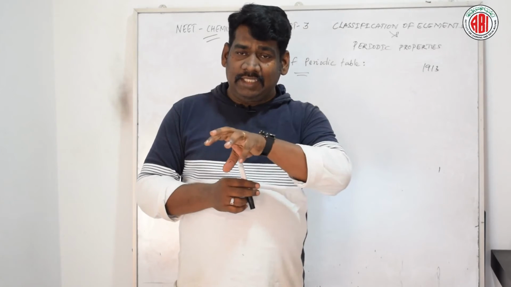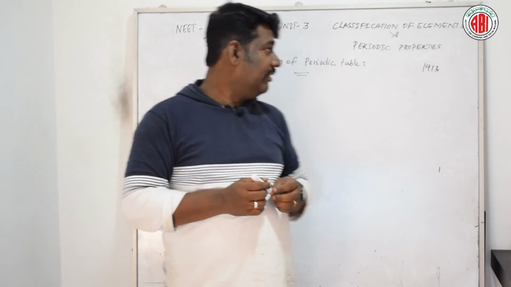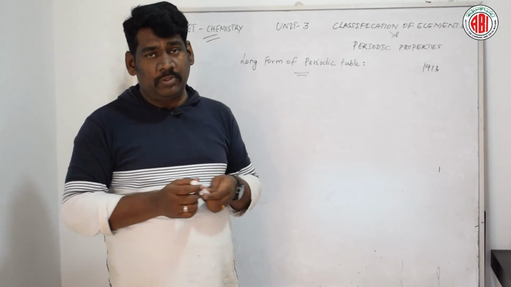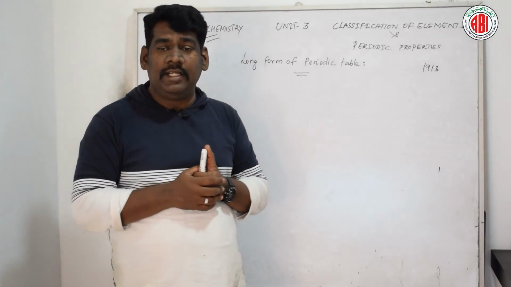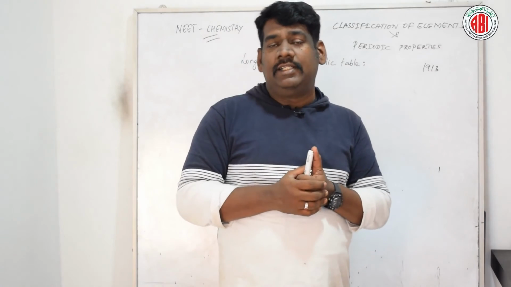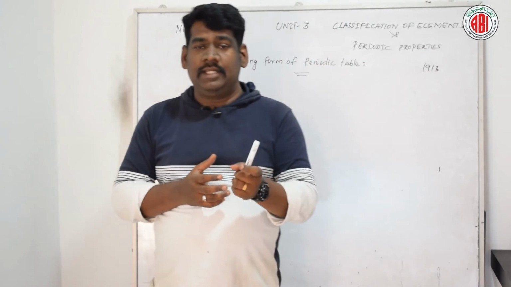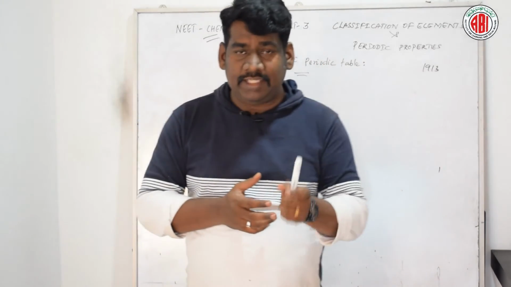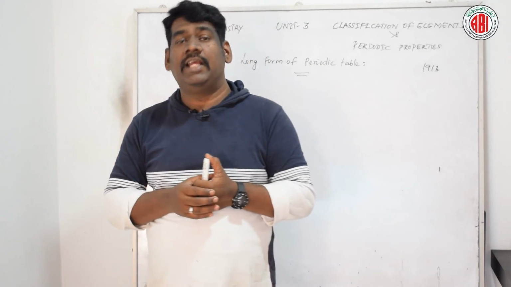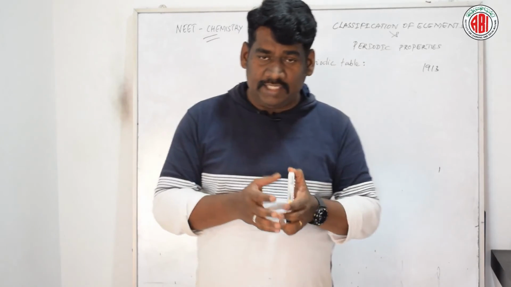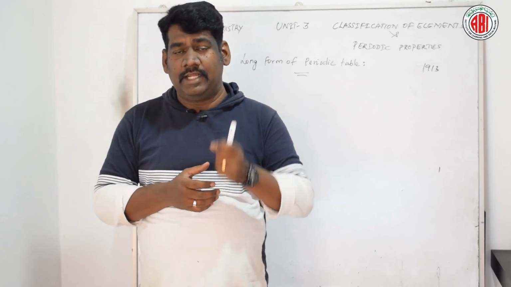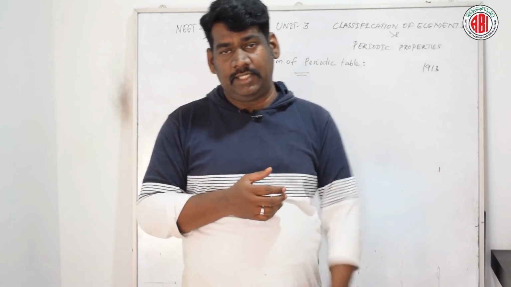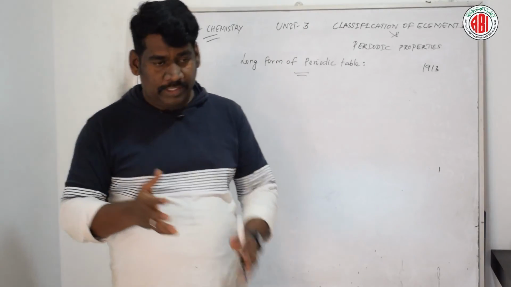From this equation, Moseley, who discovered it through the X-ray experiment, concluded that the atomic number and not atomic weight is the fundamental property of the atom. For any atom, the basic or fundamental property is atomic number, not atomic weight.